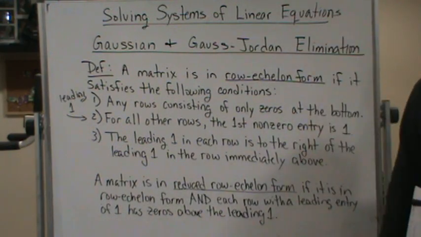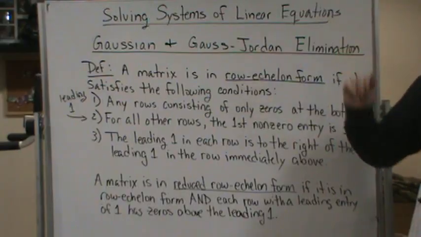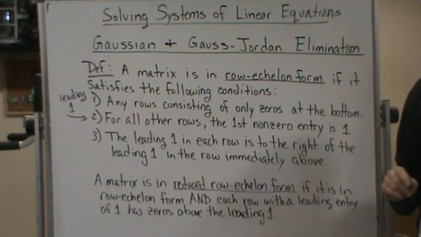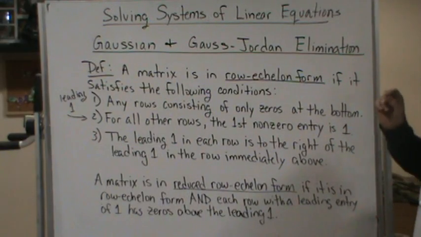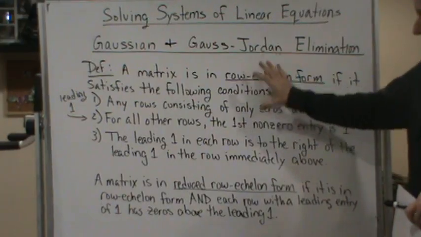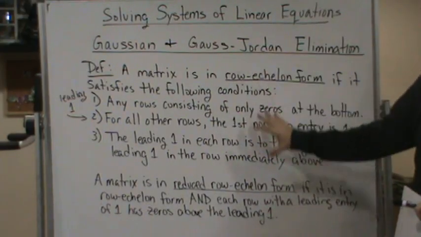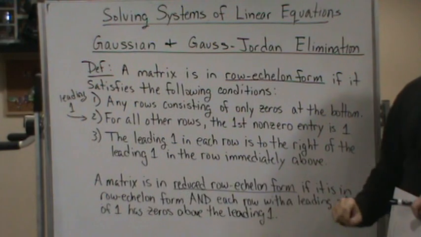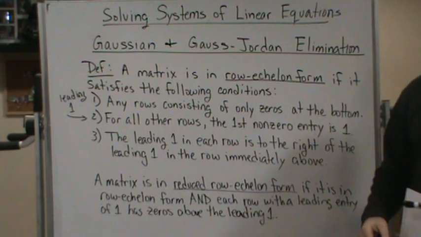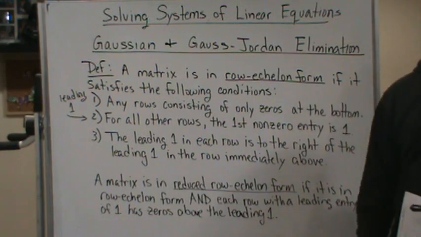So in the same column as the leading 1, all of the entries above it are 0. If a matrix satisfies the four conditions, the three and then this one, we call that matrix in reduced row echelon form.